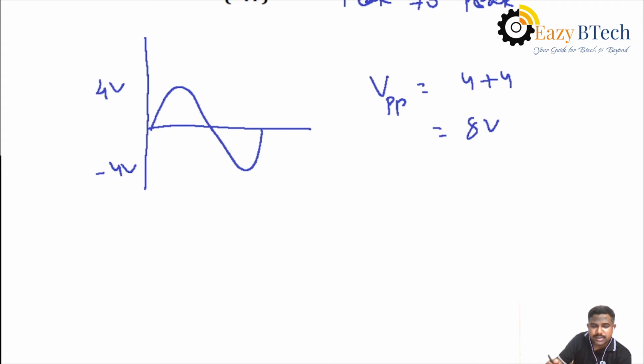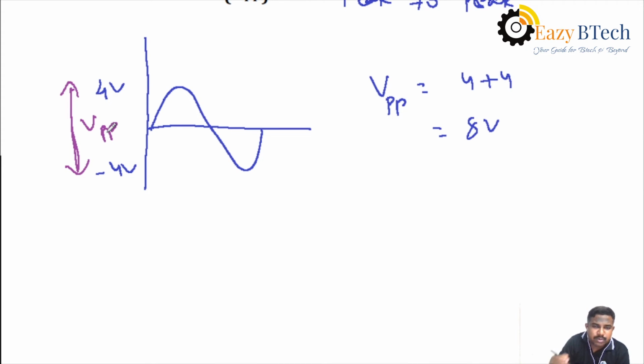This total distance from the positive peak to the negative peak is what we calculate as the peak to peak value. After a waveform is given in the problem, we have to calculate the peak to peak value like this. You calculate the length from the positive peak value to the negative peak value, or add the positive peak value and the negative peak value.